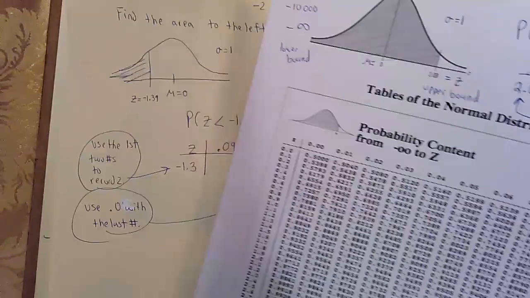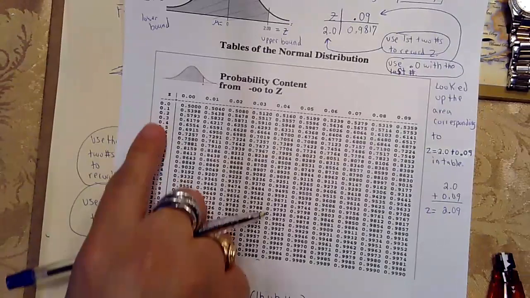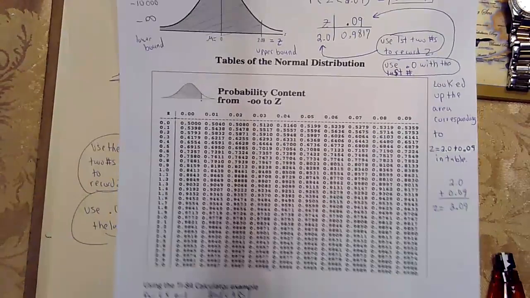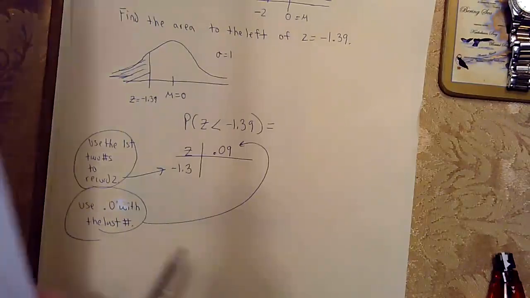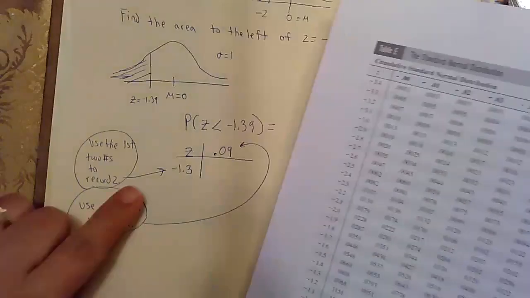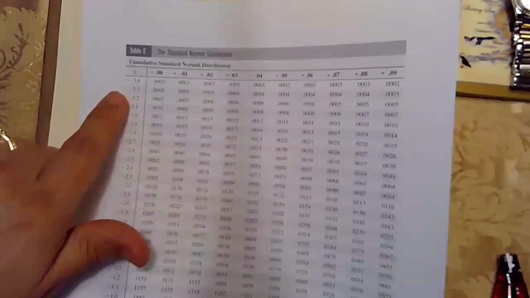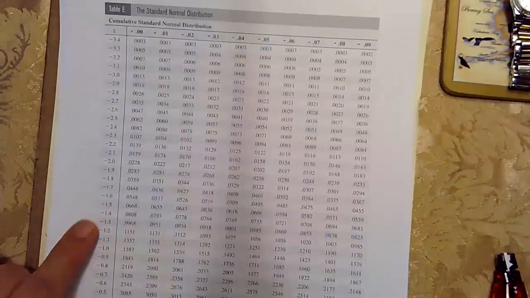Oh, I can't use this one because these have to be negatives. See, these are only positives. So I can't use this one. But you have your tables you were supposed to look up and print out. So negative 1.3, just down here.